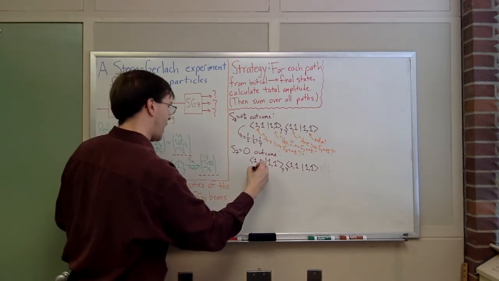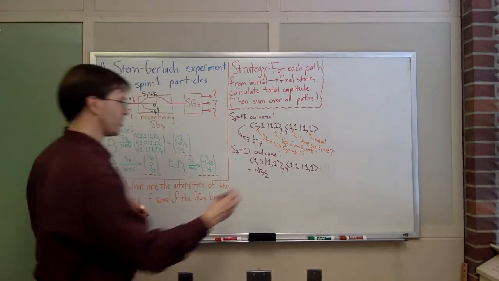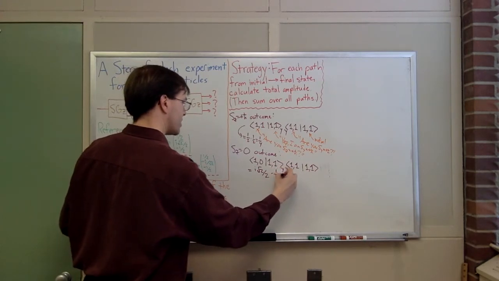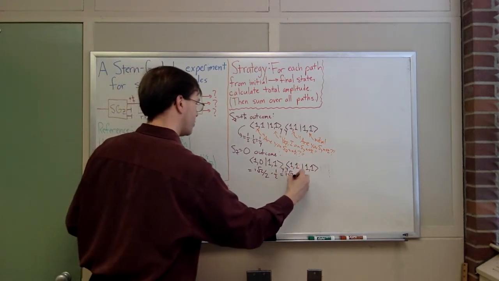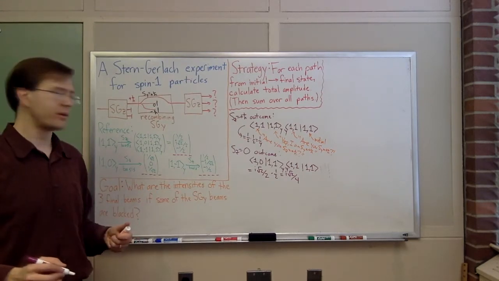That's i square root of 2 over 2 is that first term, times this term, which is the same as it was before. So this is i square root of 2 over 4 is my amplitude for that particular path.